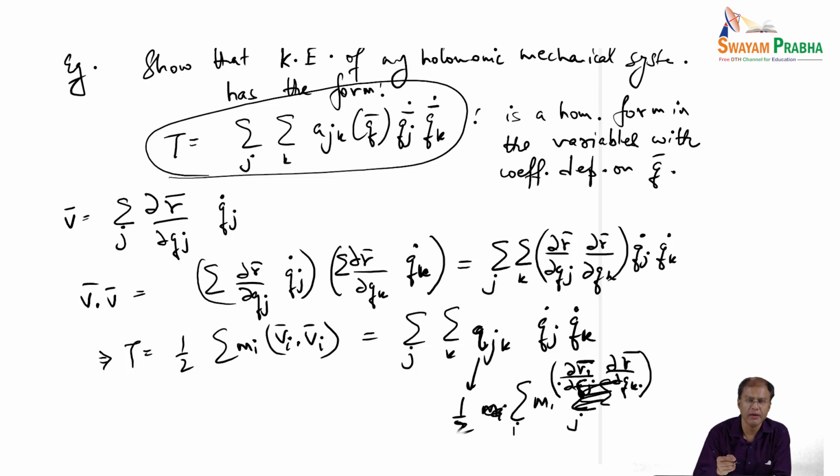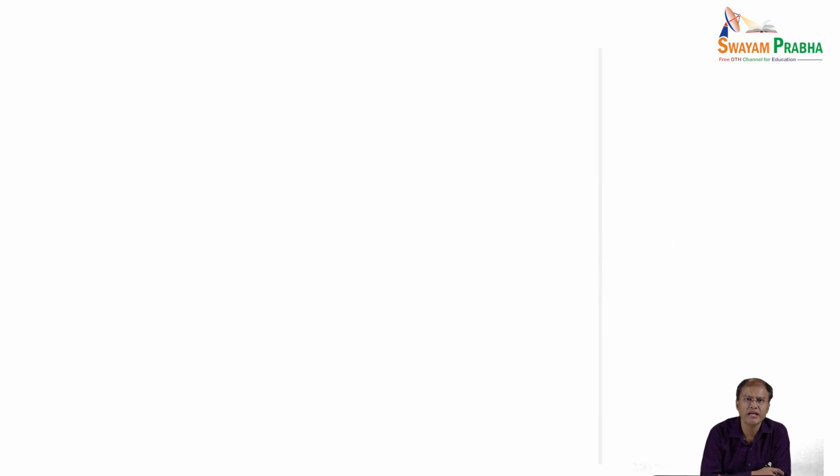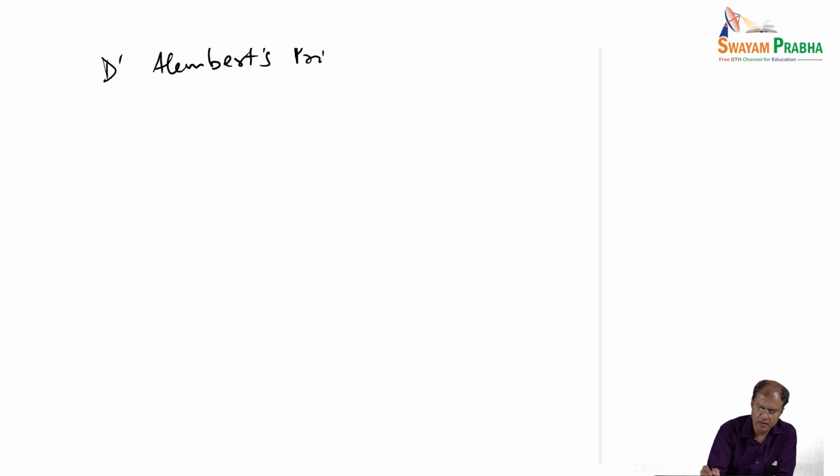We are going to wrap up our discussion by mentioning what sort of velocities we need so that there are no constraint forces appearing in the system. So we are talking about the so-called D'Alembert's principle and the so-called principle of virtual work, right?